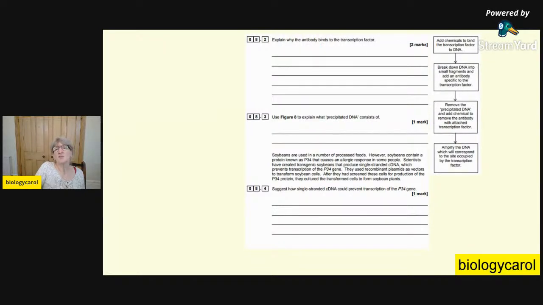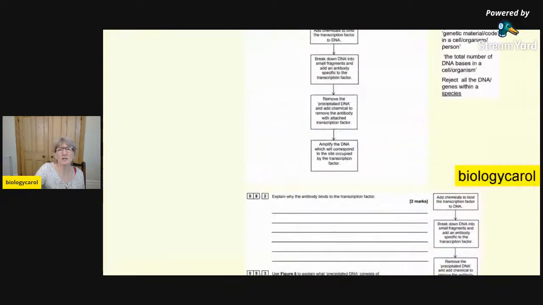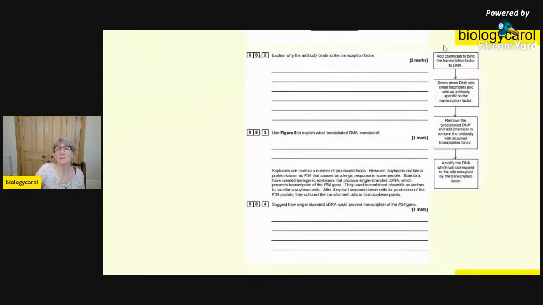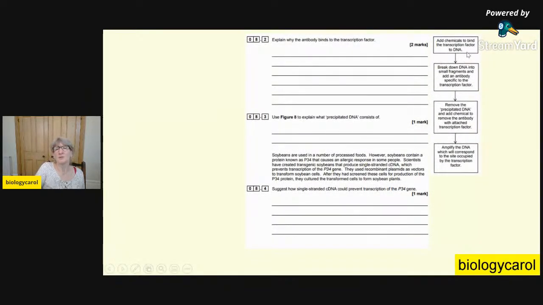Explain why the antibody, so now we've got to read this blurb in order. I can't even remember what the context of this is. Chromatin immunoprecipitation is one method to determine where a transcription factor binds to DNA. Add chemicals to bind the transcription factor to the DNA.